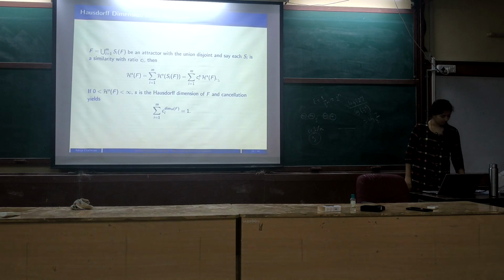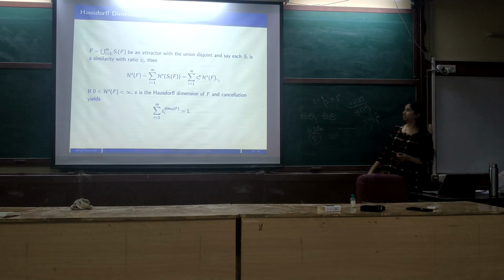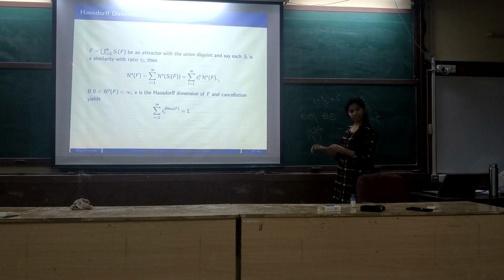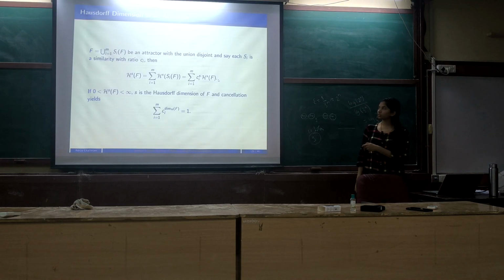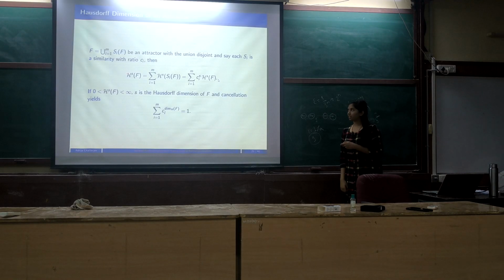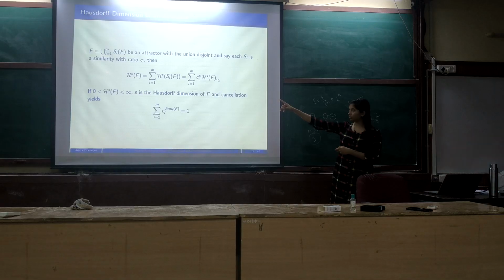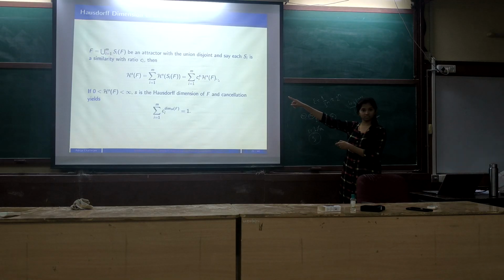So now say you have the attractor of an IFS. So F will be equal to the union of Si of F for the attractor, because that's the definition of an attractor. Say all the functions of the IFS are similarities with ratio Ci. So your Hausdorff measure of F will be the summation of the Hausdorff measures of Si of F if the union there is disjoint.